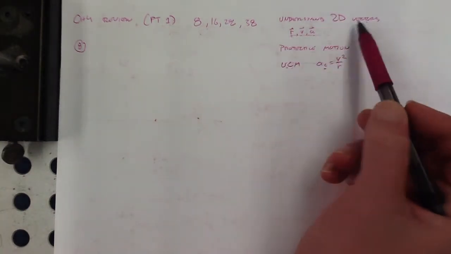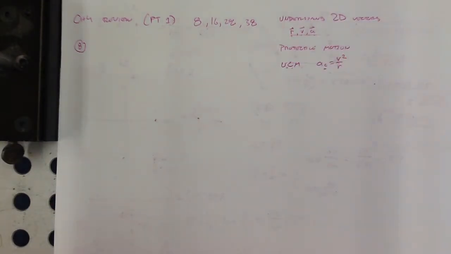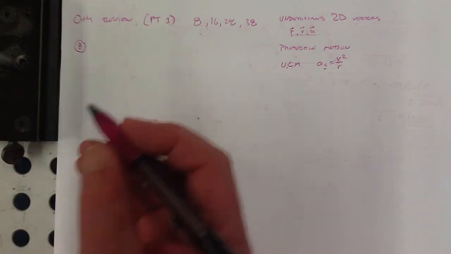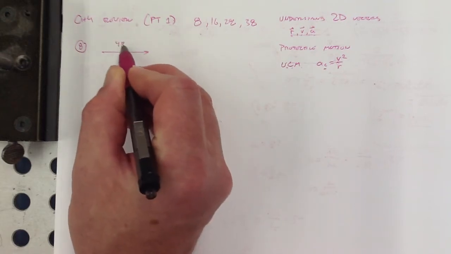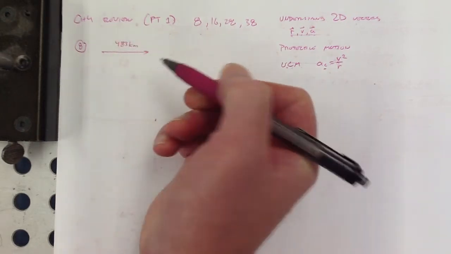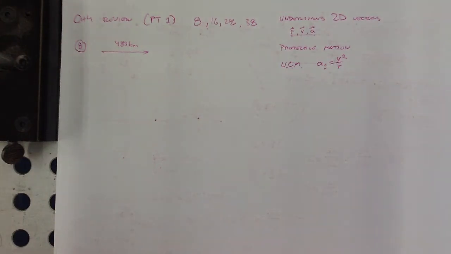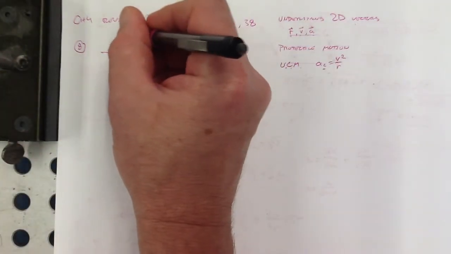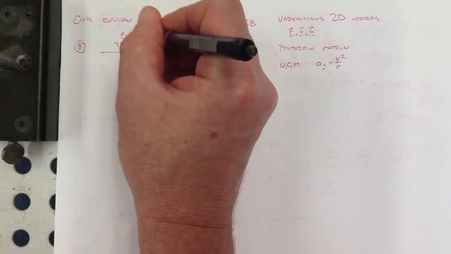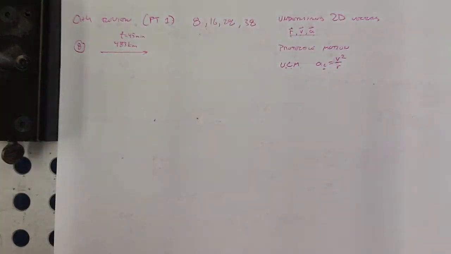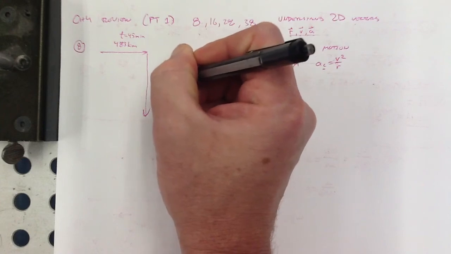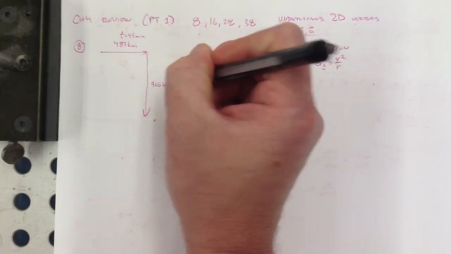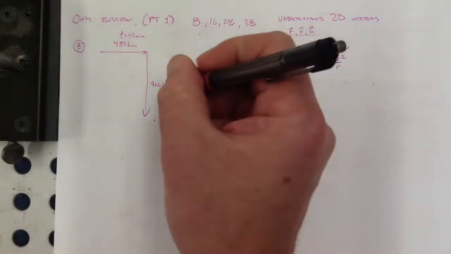We have a plane that's flying 483 kilometers east in 45 minutes, and then 966 kilometers south in 1.5 hours.